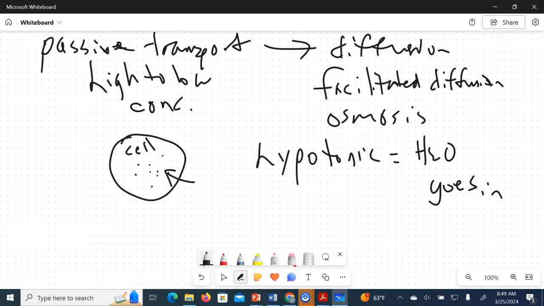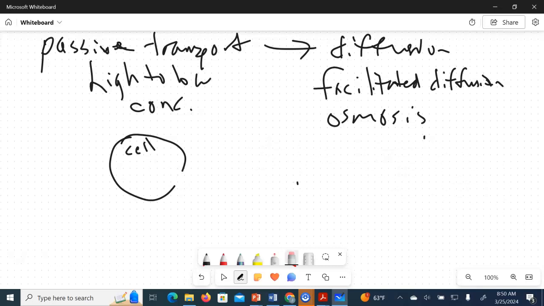If the water's going out of the cell, it's going to shrivel up and die. So your cells are in an isotonic environment, where the concentration is the same on the inside and the outside. So now water moves both ways, but in equal volumes, so we don't get a net gain or a net loss of cell volume.